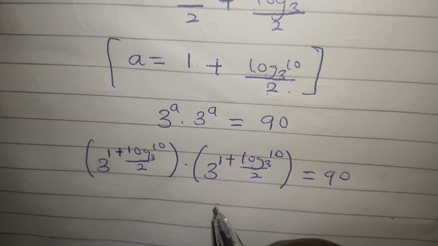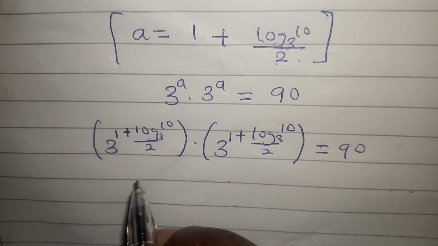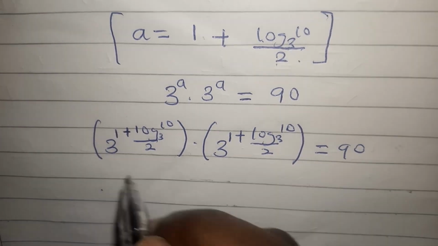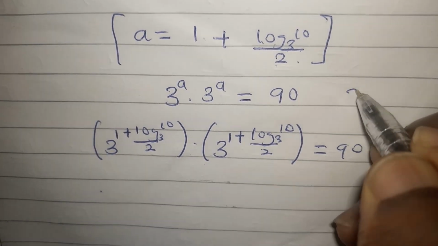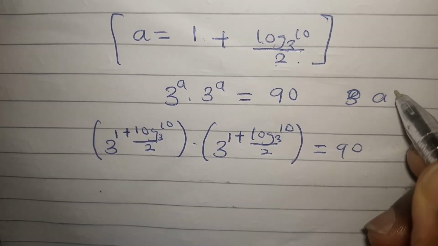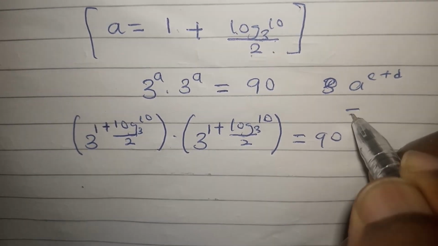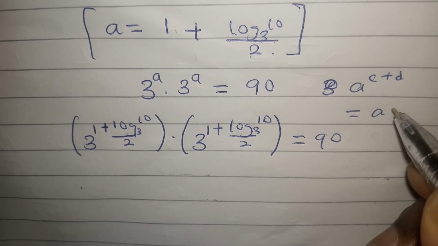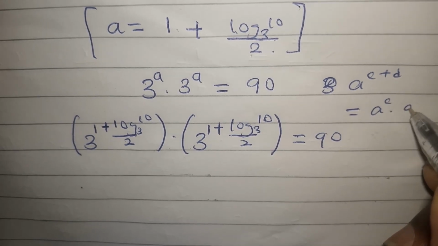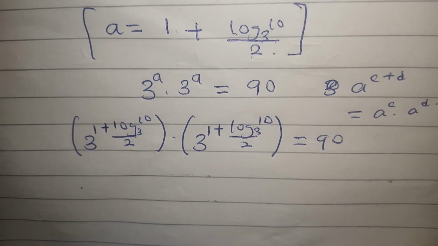From here we can simplify this further. We are going to apply the rules of indices, which says a to the power of c plus d is equal to a to the power of c times a to the power of d.